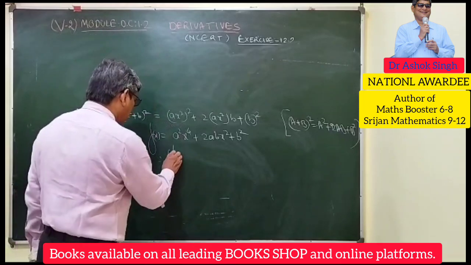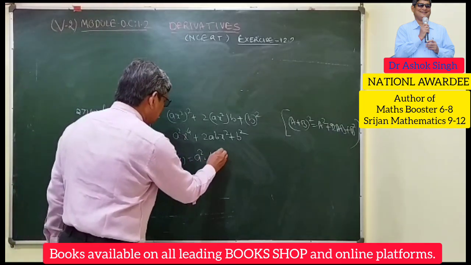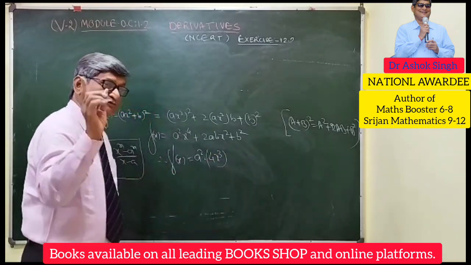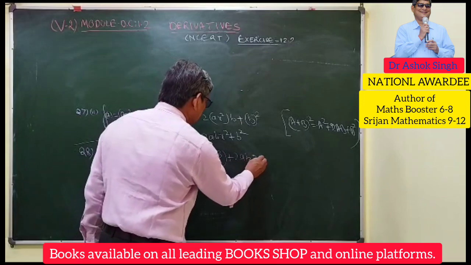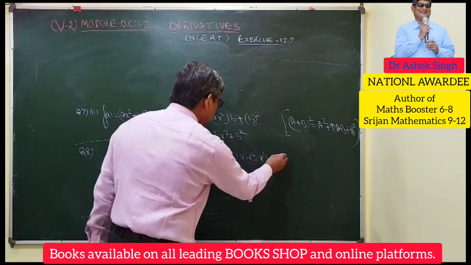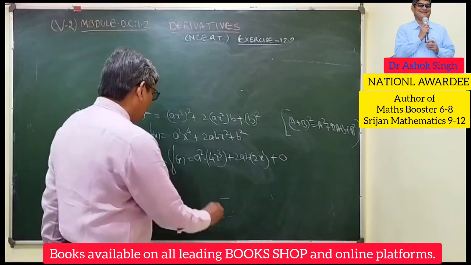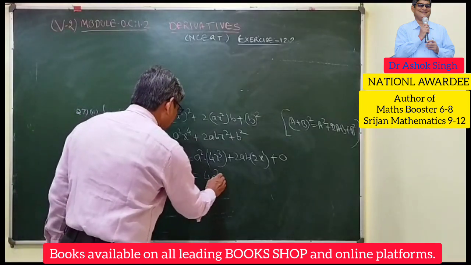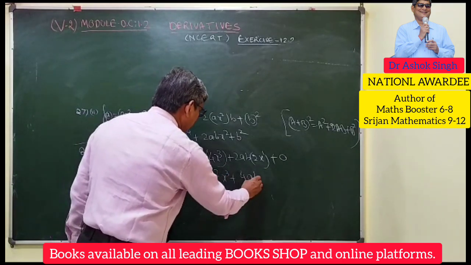Therefore, if you are going for f dash x, it is a square, here it is 4x cube. Remember, n x to the power n minus 1, plus 2ab. Here it is 2x to the power 1, and b square is constant, that's not variable. So ultimately you have 4a square x to the power 3 plus 4ab x.